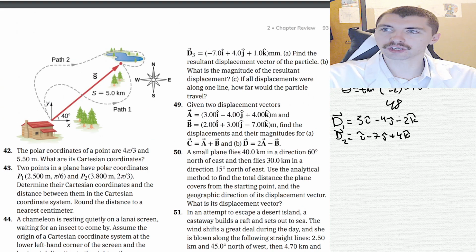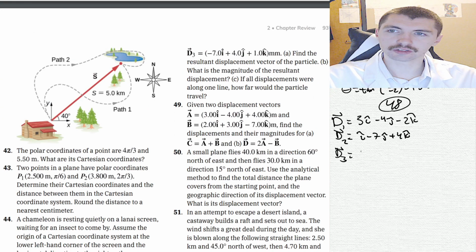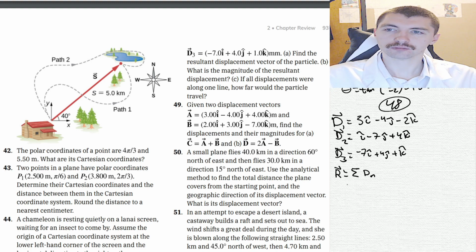Okay, so we're on 48. D3 is... find the resultant vector of the particle. So R equals sum... okay.